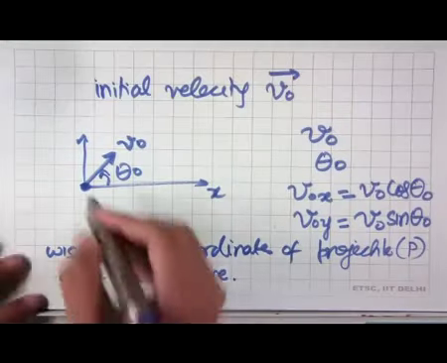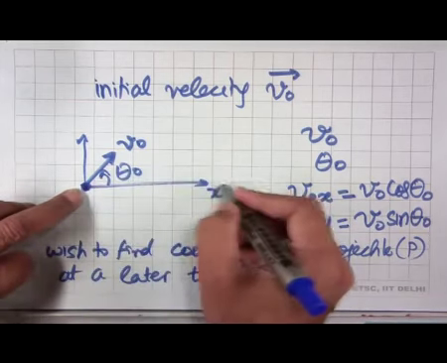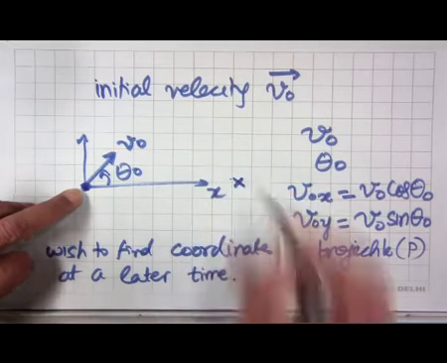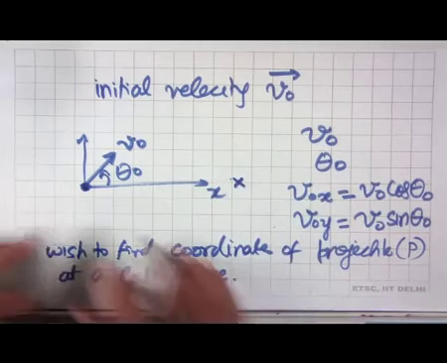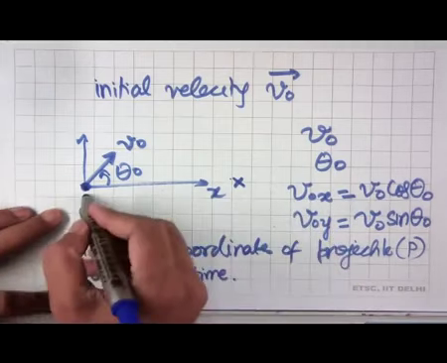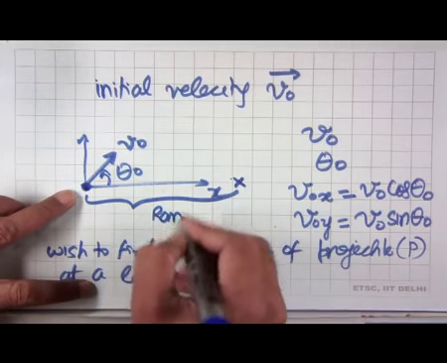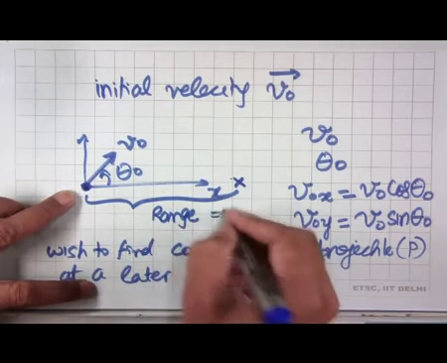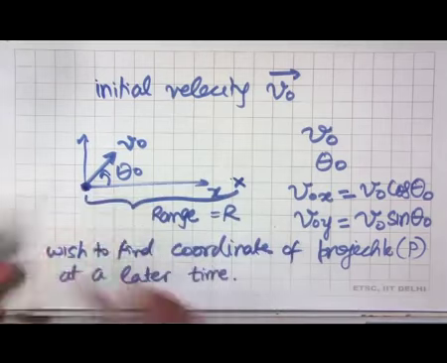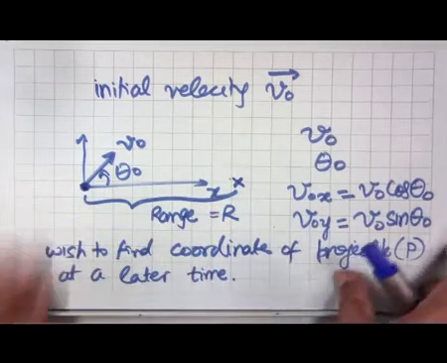Now, there is a term which we define: if the particle has started from the origin, the point at which it falls back on the surface, which means where y becomes 0 again, this distance from the origin is called the range, and we will work out how we find the range in terms of these given parameters.